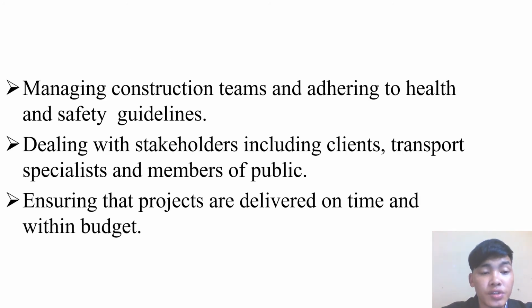A highway engineer is responsible for managing construction teams and adhering to health and safety guidelines, dealing with stakeholders including clients, transport specialists, and members of the public, and ensuring that projects are delivered on time and within budget.